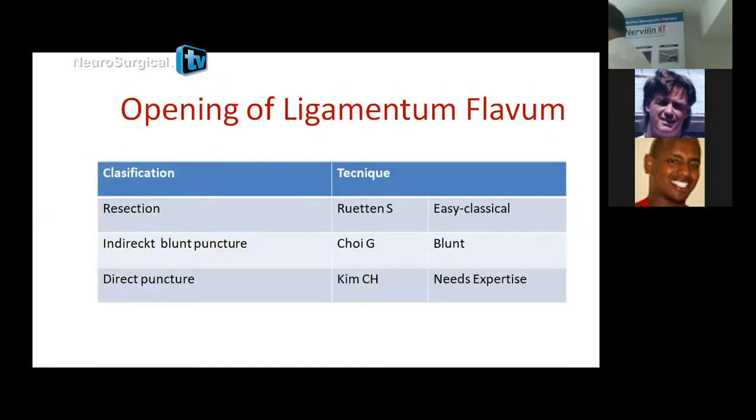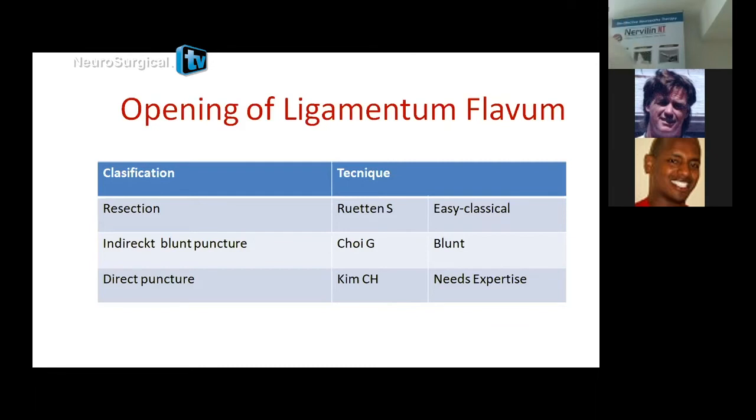There are different techniques. Resection, which I also use, is easy and classical. Choi uses indirect blunt puncture. I tell you a lot, it's very important to be lateral. Just go in with a needle. Really, I have seen it. Blunt entrance. But he goes very lateral and he says there's no neural structure there.